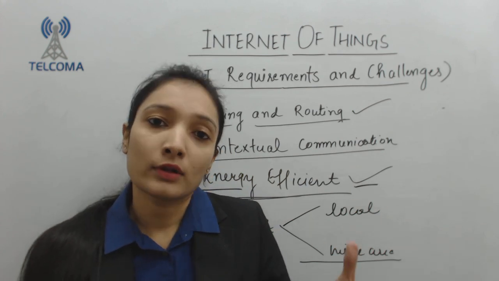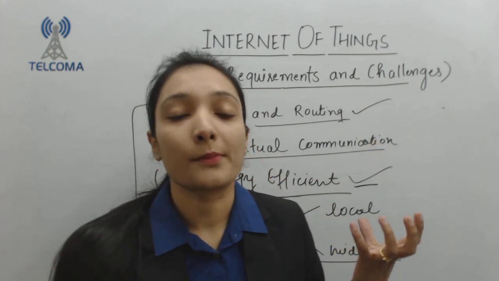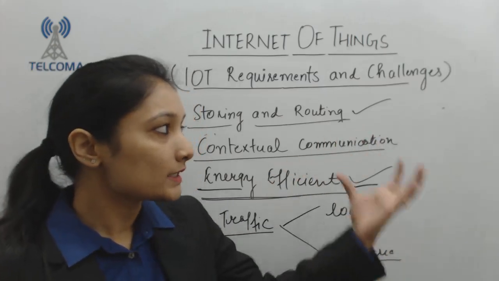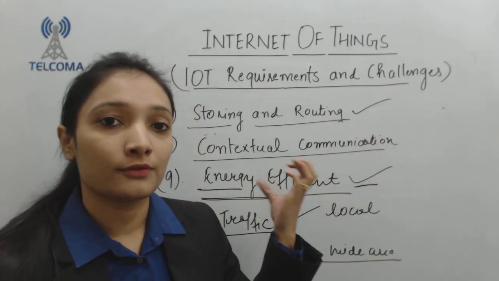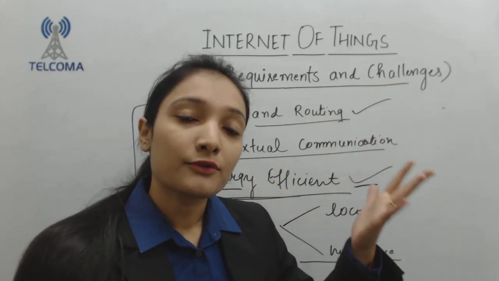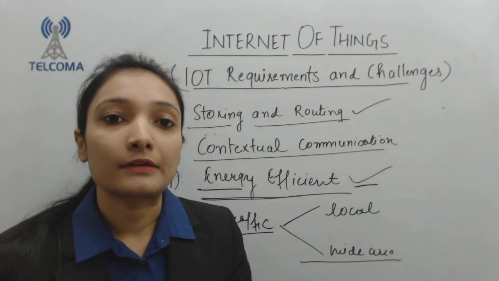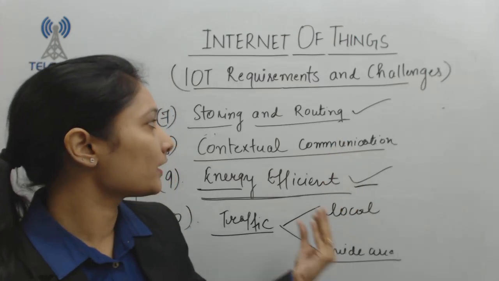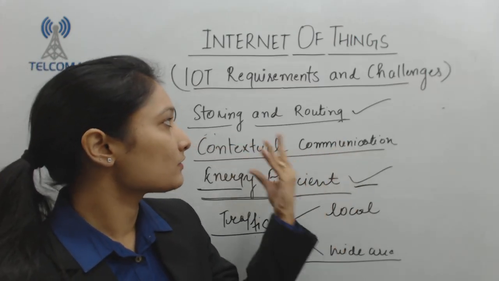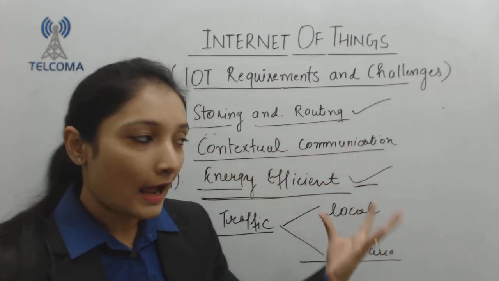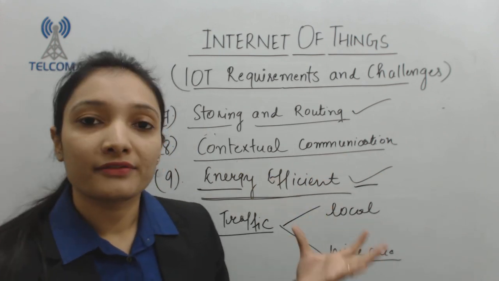So that basically falls under your security requirement of your Internet of Things. So these are the certain requirements of your Internet of Things which should be met, starting from your infrastructure simplifications to your app centered softwares, and then the security, the intelligent communications, the routing protocols, and energy efficiency and traffic management.